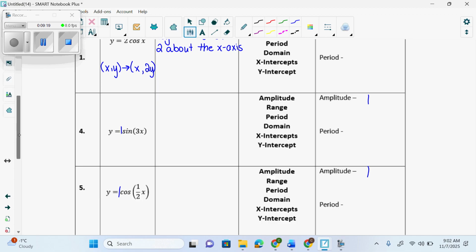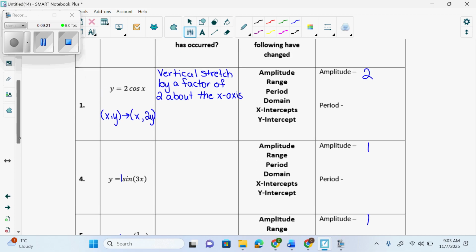Okay, so let's discuss this one. What is my B value? My B value is what falls between cosine and x. So my B value is a 1. So what is my horizontal stretch? Trick question. Non-existent. It's not being stretched, correct? So then obviously the period is 1. And then I just go put that B value in for period, and I'm super correct, and then, oh, it's not 1.